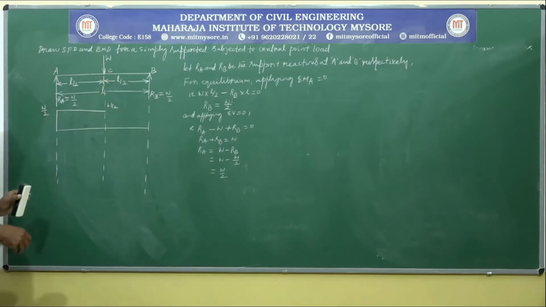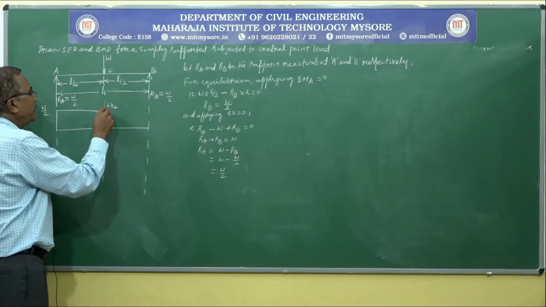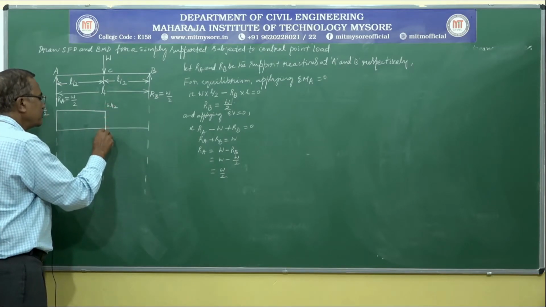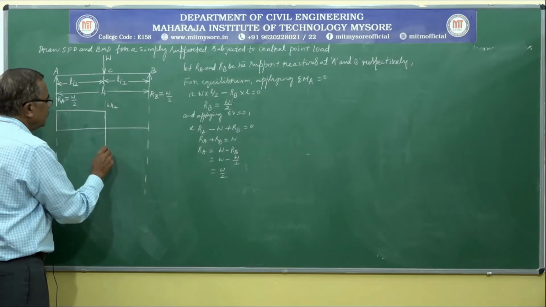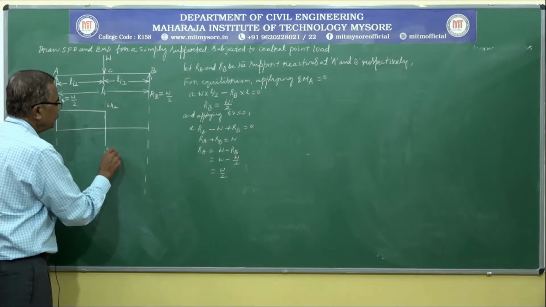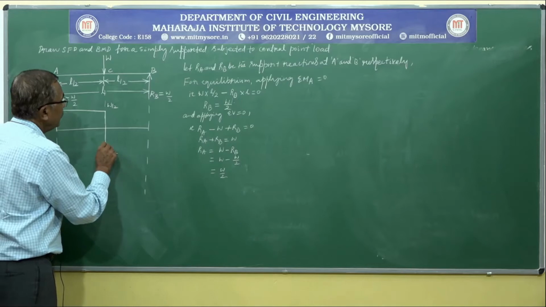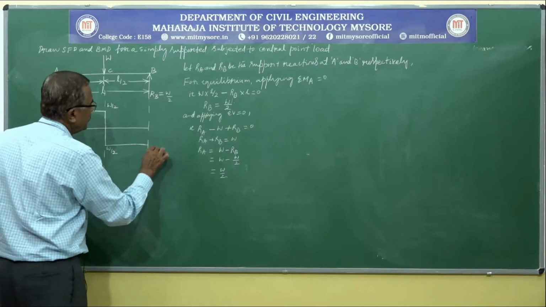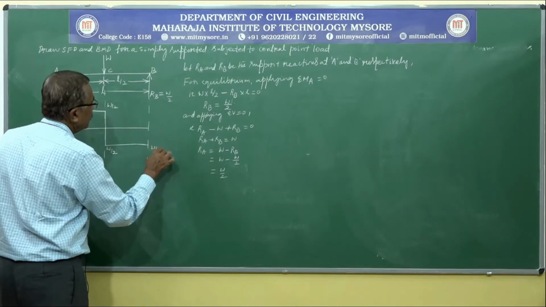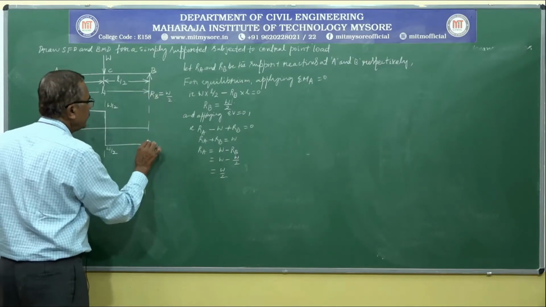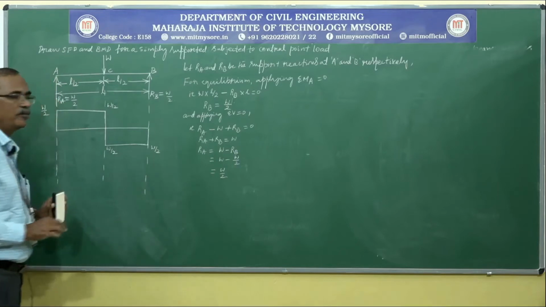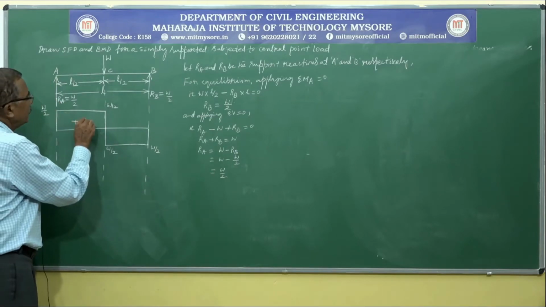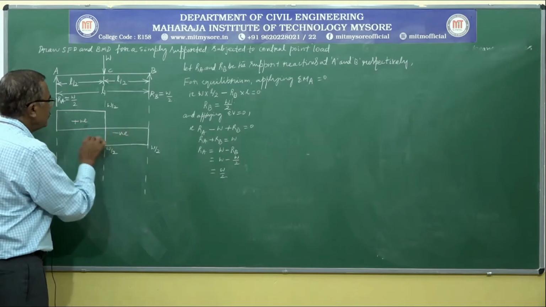Come down by W. So we had gone up by W by 2, 50% of the load will be consumed up to here, then the remaining 50% will go down. So here again W by 2. Between C and B, no load, horizontal line. Here also it is W by 2. At point B, there is an upward reaction of W by 2, joined with the reference line. This is our shear force diagram.